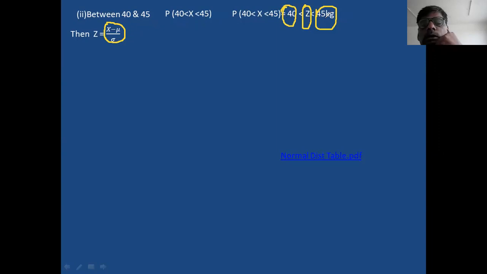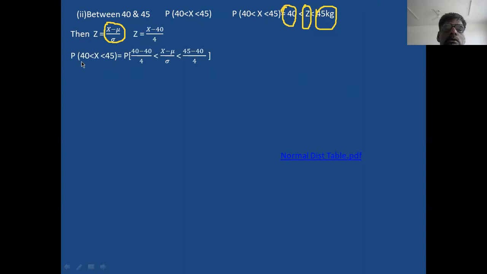Remember this. You need to write the equation three times. Okay, you see here z is equal to x minus 40 divided by 4. 40 is the mean, 4 is the standard deviation. You see here, three times I recorded.